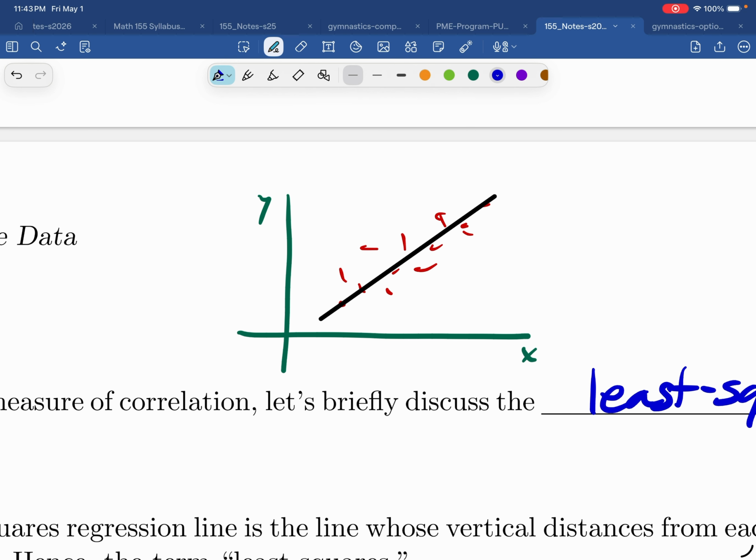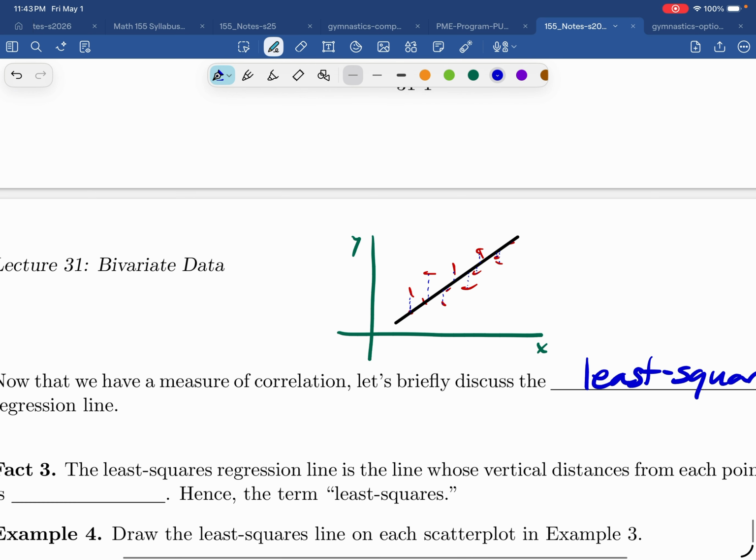It turns out the line is the line such that the sum of the squares of the vertical distances between all points in this line is minimized. So all those little dotted blue lines that I drew, find each of those lengths, square each of those lengths, add them together. That would be minimized by that black line.